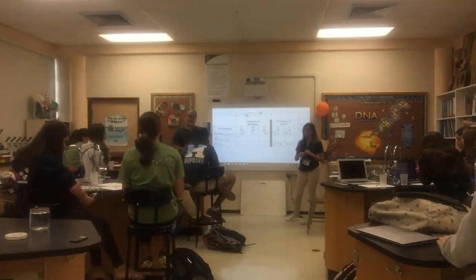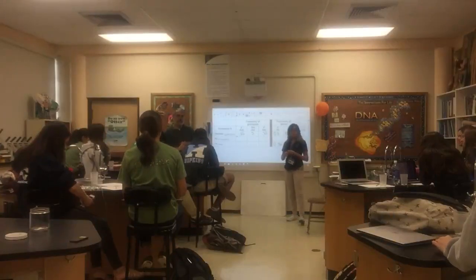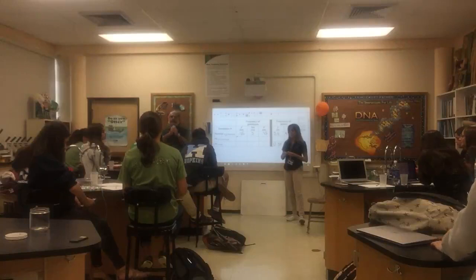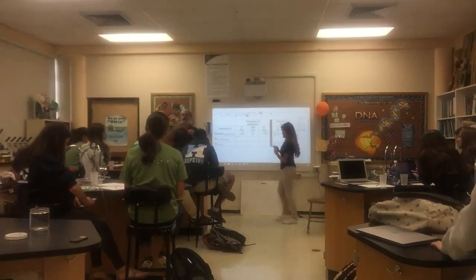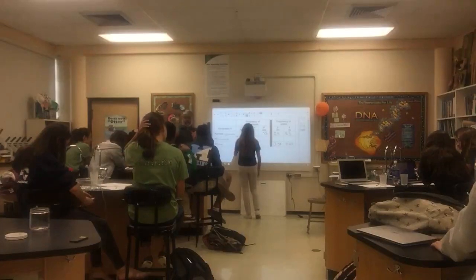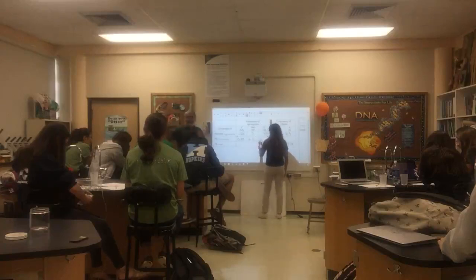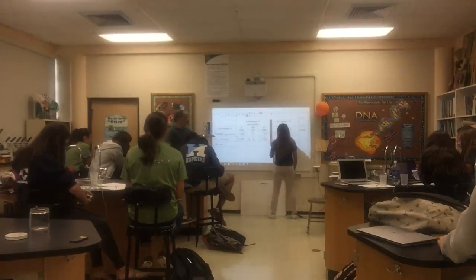Does it need to be the same, or do you do a chi-square or something? Chi-square, well, if you have a hypothesis that you want to reject or accept, yeah, you can do the chi-square here. We're not going to get into that now to be able to finish the activity.